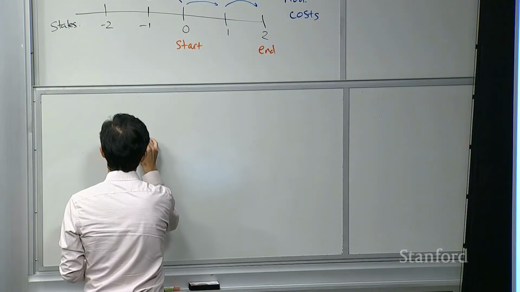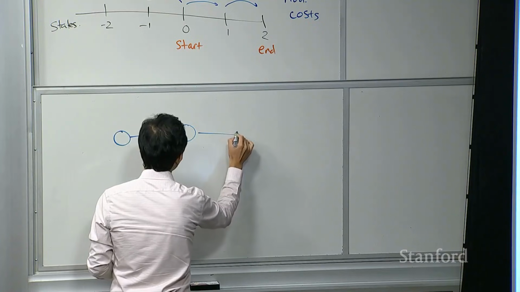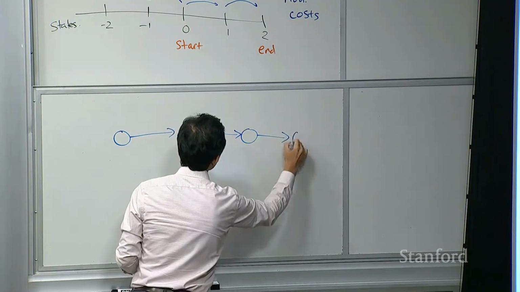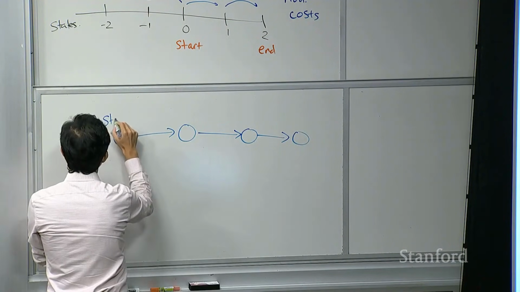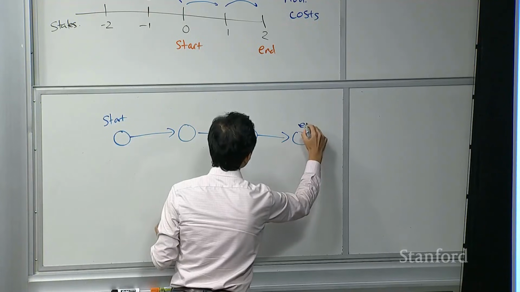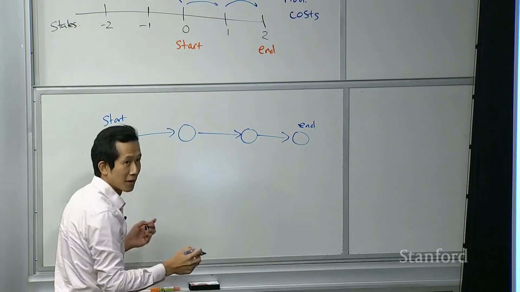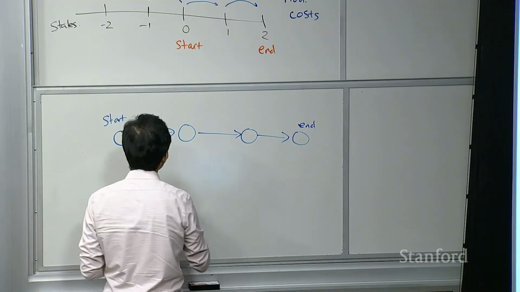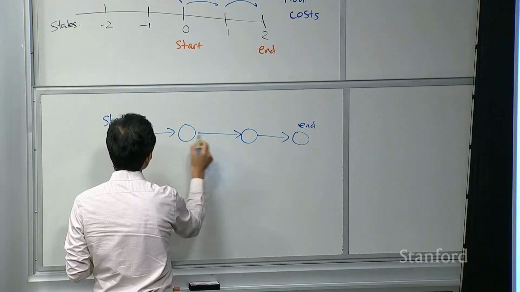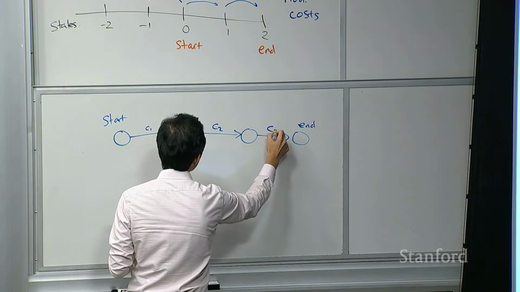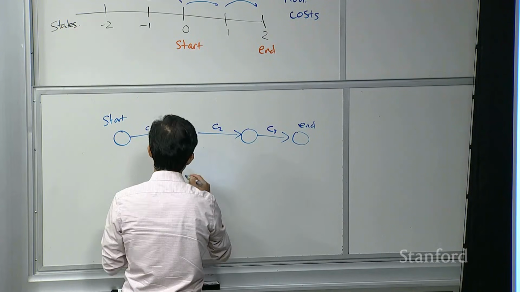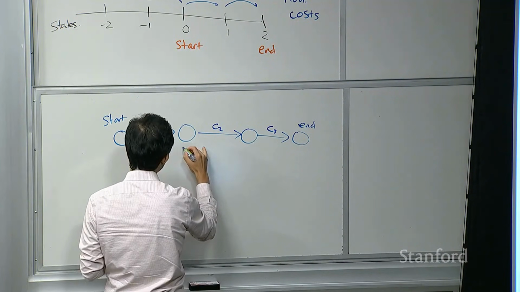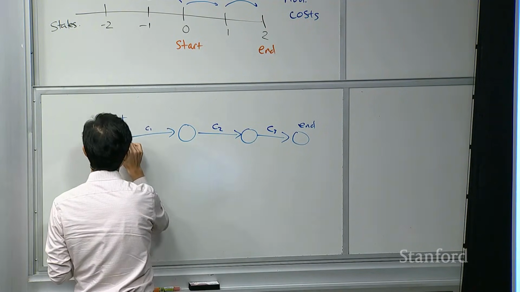Let's do 4 nodes. So here's the start, and here's the end. So this is one path. It's not necessarily even the optimal path, but just any path. I'm going to have costs C1, C2, C3. And then I'm going to have heuristic values.